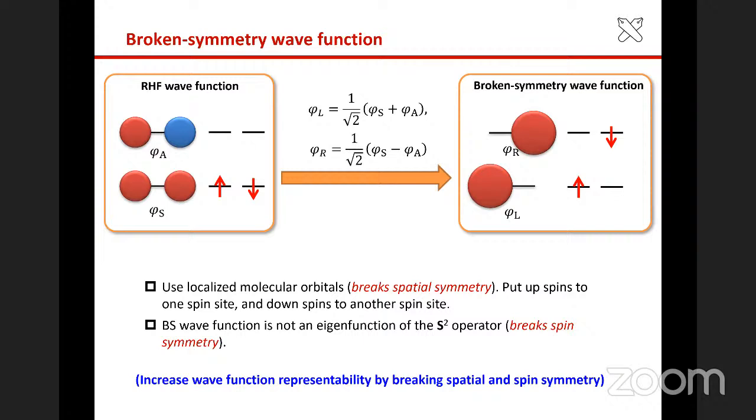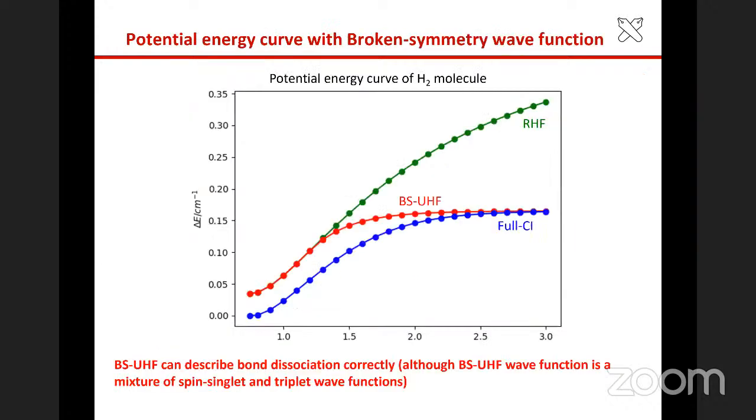So if this Hartree-Fock state is much more stable than this open-shell state, the calculation converges to the Hartree-Fock state. This is the reason why we obtain this kind of potential curve. But still, this broken symmetry wave function is not an eigenfunction of the S squared operator.